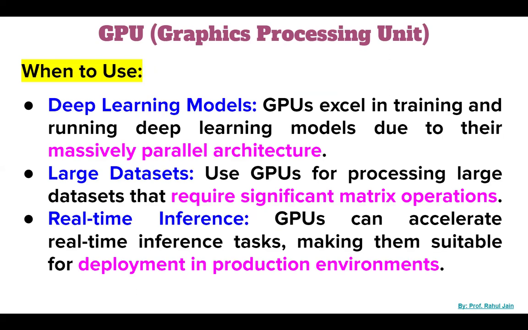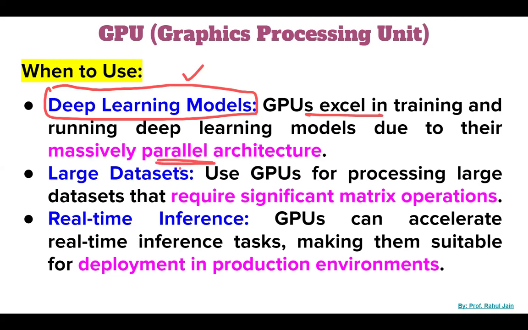Now, when to use it? Whenever we are working on deep learning models, because CPUs are not capable enough for deep learning models. GPUs are excellent for training and running deep learning models due to their massively parallel architecture.